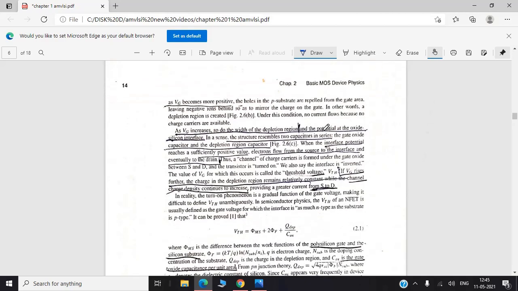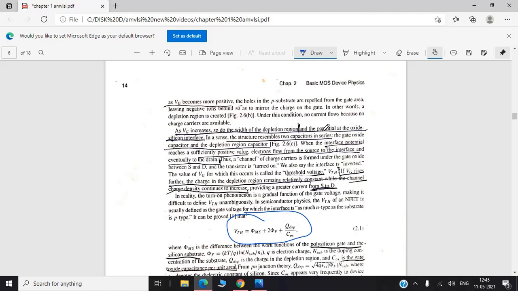You have to write this equation, VTH. This is the threshold equation: VTH equals phi_MS plus 2 phi_F plus Q_dep by COX. You have to write this down.